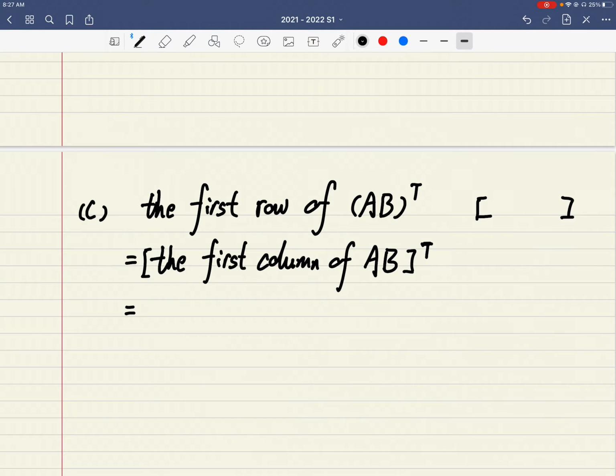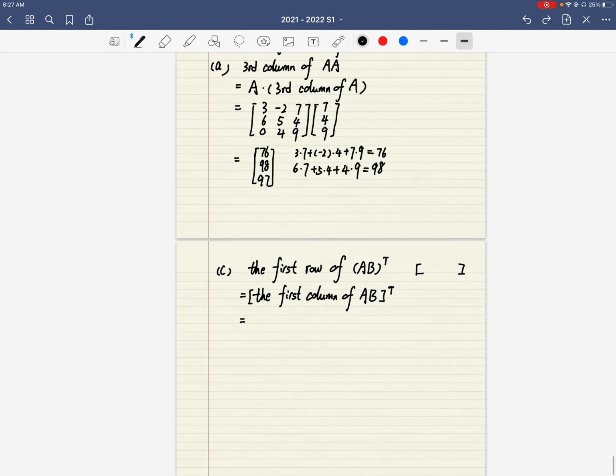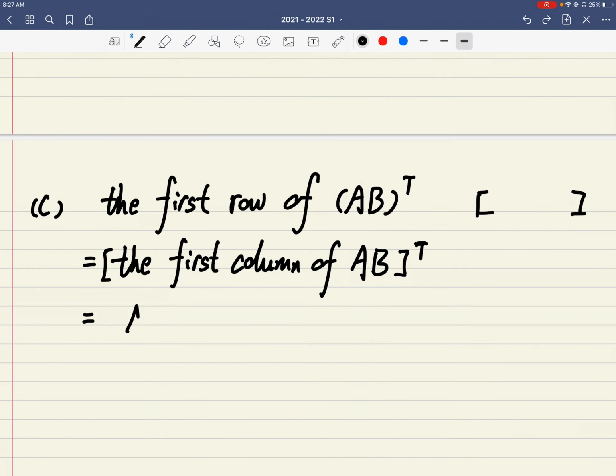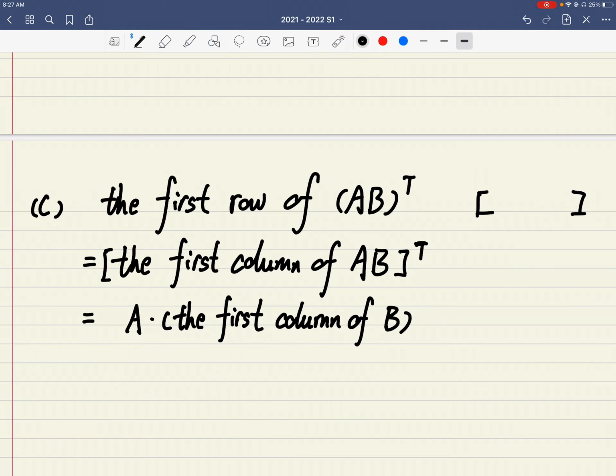Then the first column of A times B, based on what we have written before, it's going to be A times the first column of B. Then you transpose it.